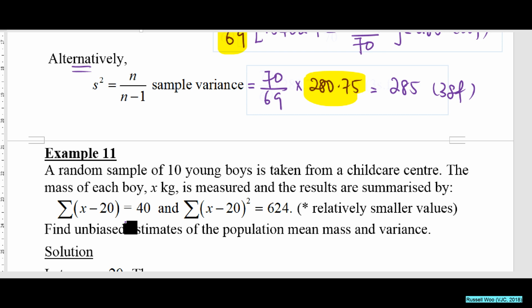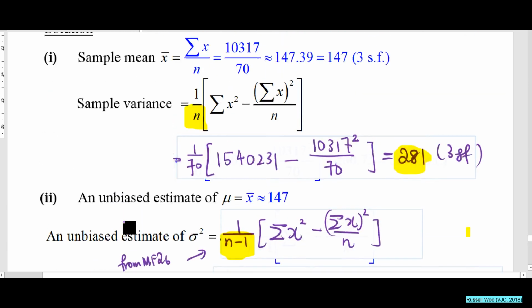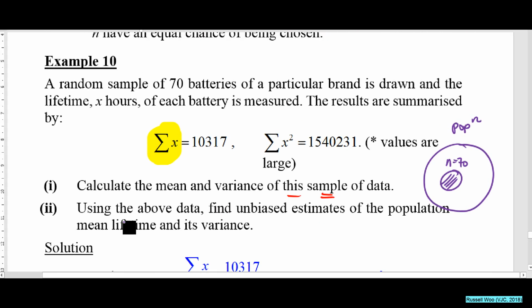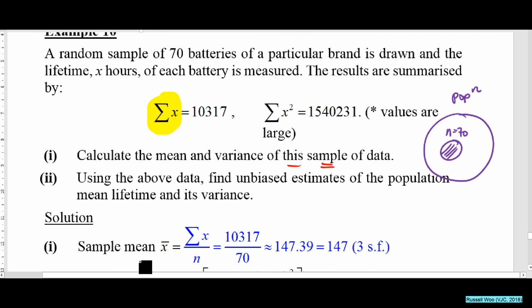Correct? That's how they present the data. That means the individual x values are close to 20, so I minus away 20 from each and then sum, I get small values, easier to manage. Compared to this, you realize these numbers are super big, especially the summation. The mean is so big, it's 147.